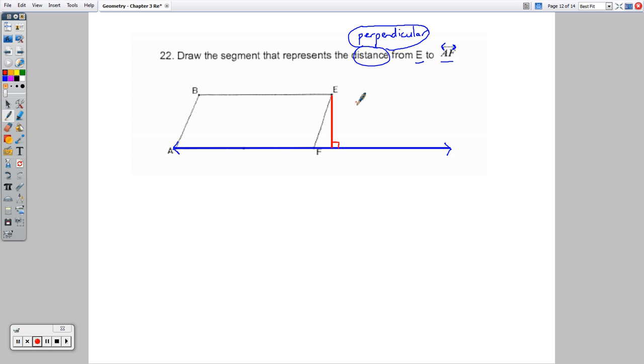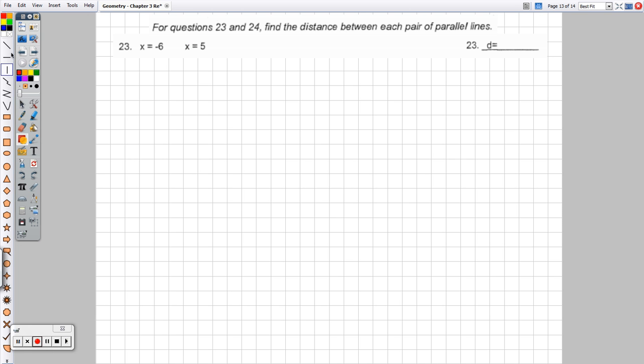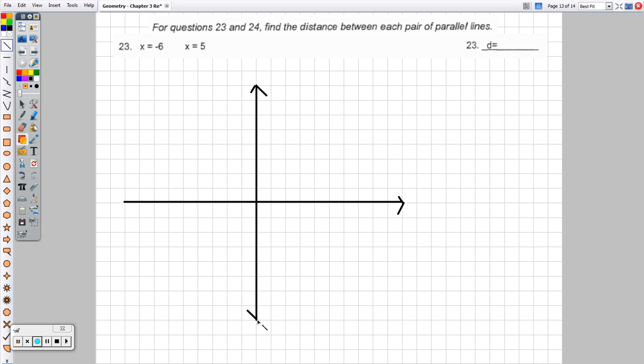And then for 23 and 24, it looks like we're going to find the distance between each pair of parallel lines. So if we have x equals -6 and x equals 5, I could draw a graph here to represent that. So for my axes, I'll just use black. Looks like that'll definitely fit what I need there. And then I'll draw the lines in blue here.